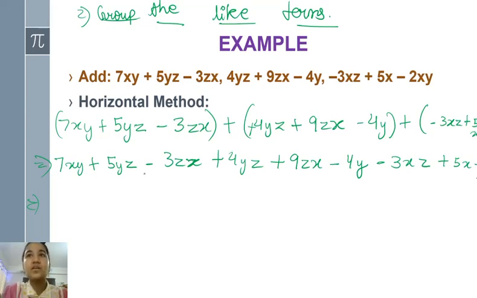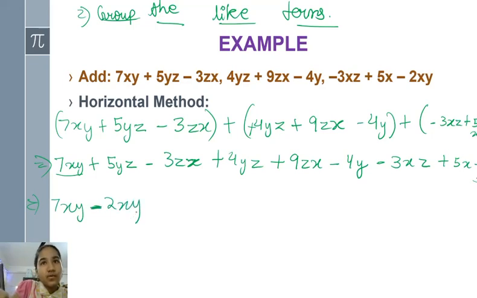Okay, so as I told, now the time is to group the like terms. So 7xy, what is the like term for 7xy? It's minus 2xy. So we can write 7xy minus 2xy. Then 5yz, is there any other like term? Yes, 4yz. So we can take plus 5yz plus 4yz.